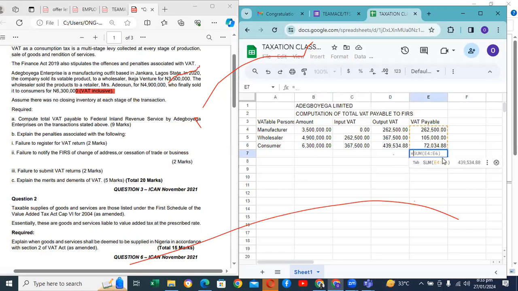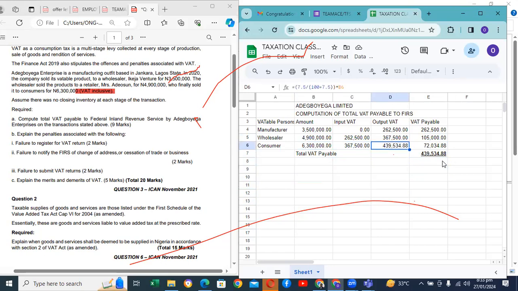So this is the total VAT payable. Any question? Sir, I didn't get the VAT inclusive.